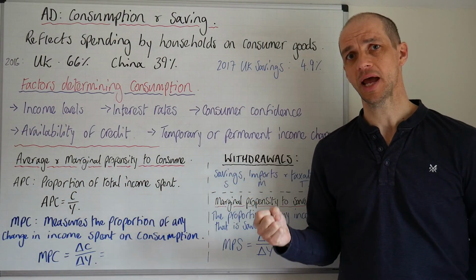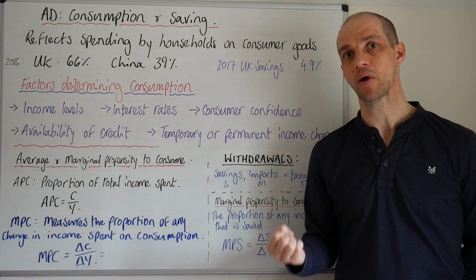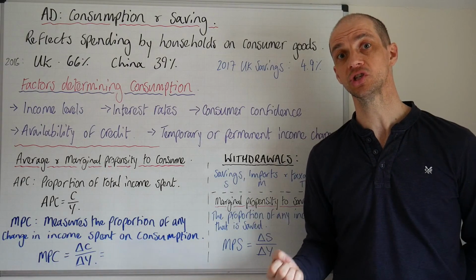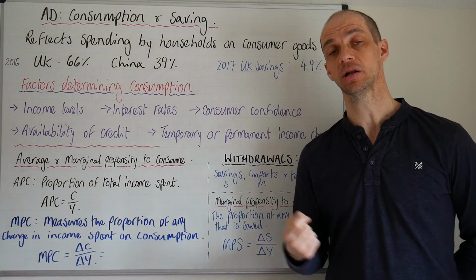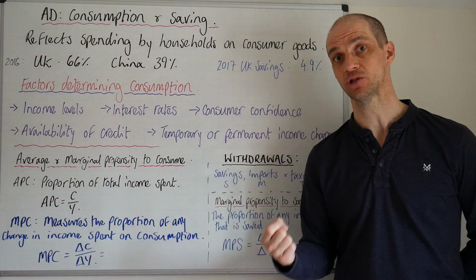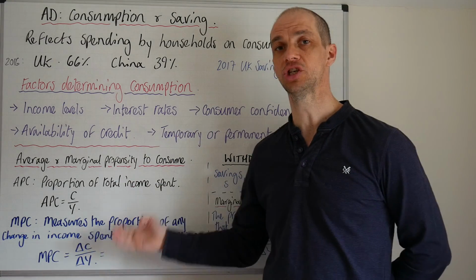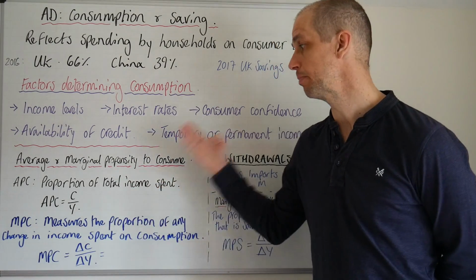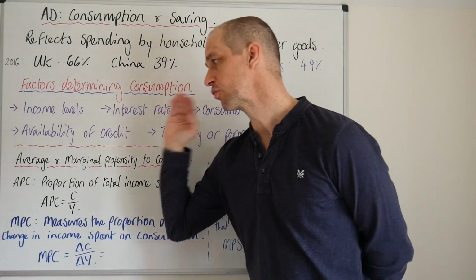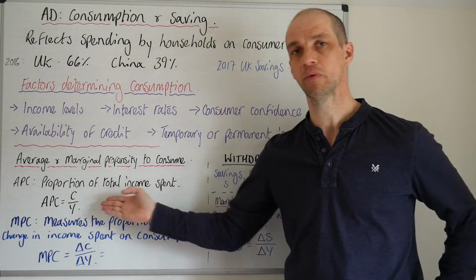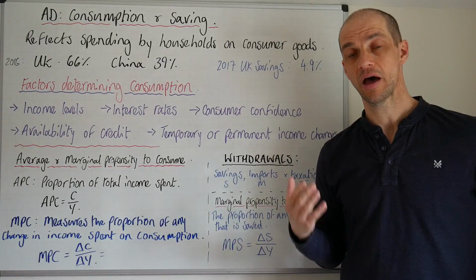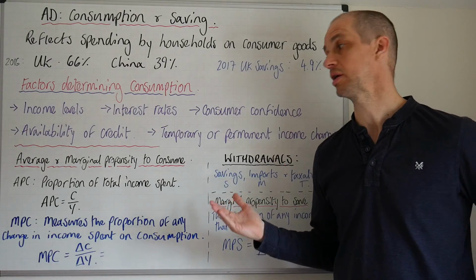Right, so let's break this down further now. We need to understand the average rate at which people will consume and what people will choose to do with any sudden increases in their actual income levels. How will they choose to actually consume based upon any changes there? Right, so the average propensity to consume is a useful tool in helping us to understand at what rate people actually consume.